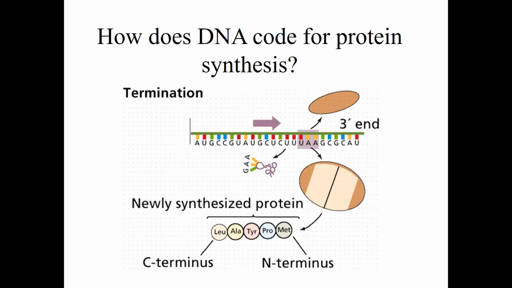When messenger RNA carries the message and comes to the ribosome, then depending on the information it carries, it recruits different amino acids. There are 20 essential amino acids that are involved in the synthesis of protein, and protein is also a polymer of amino acids. So the recruitment of amino acids one by one with the help of tRNA at the ribosome results in synthesis of protein, and it is called translation.